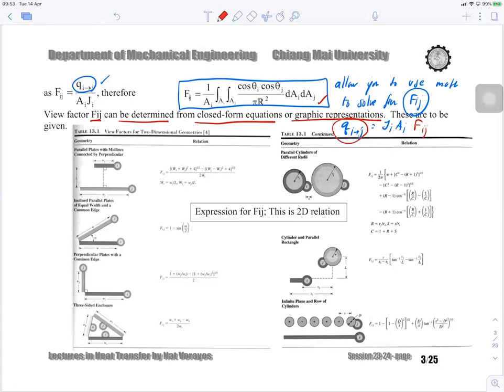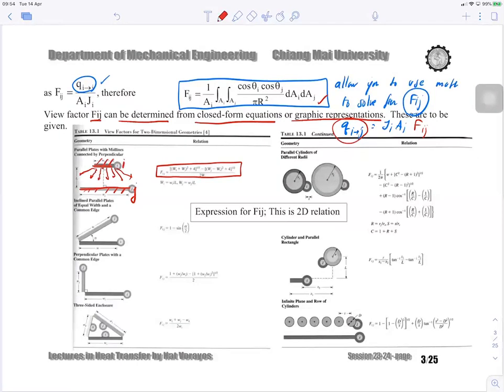You will see a situation where you have a surface called surface J and a surface called surface I, and surface I emits the energy out. We would like to know how much of the energy from surface I reaches surface J, and this is the equation. There will be a number of terms like W1, W2. It's just a bunch of the dimensions of the problem itself.